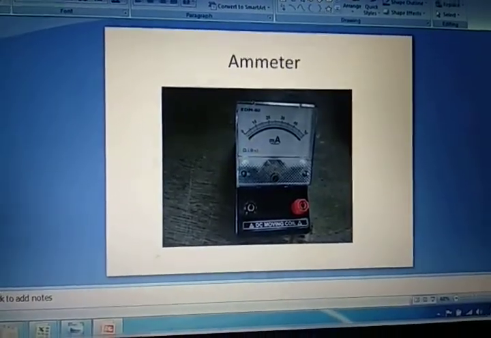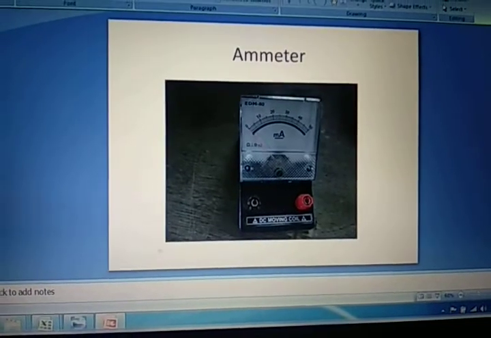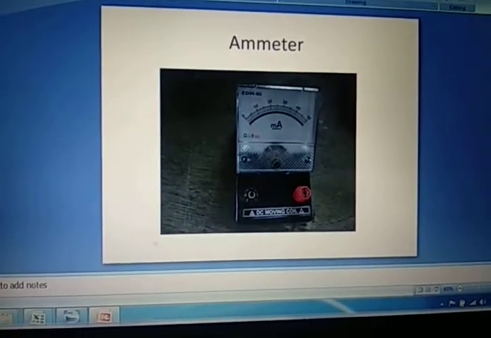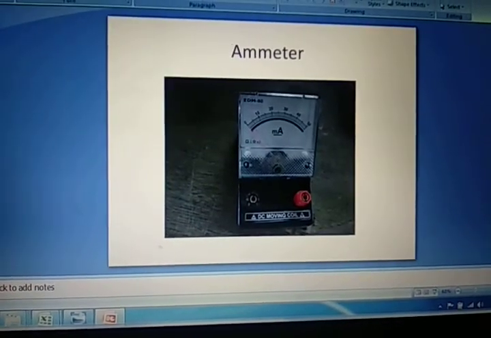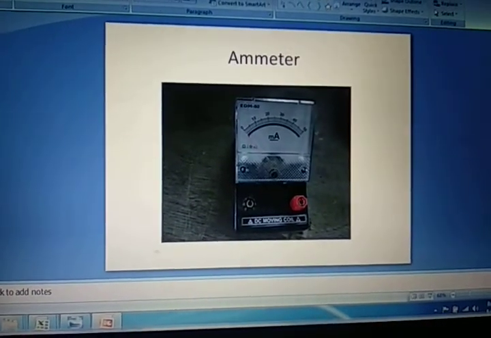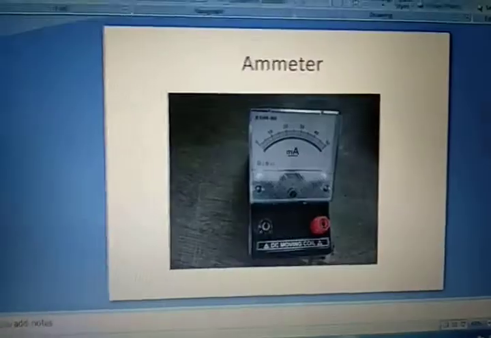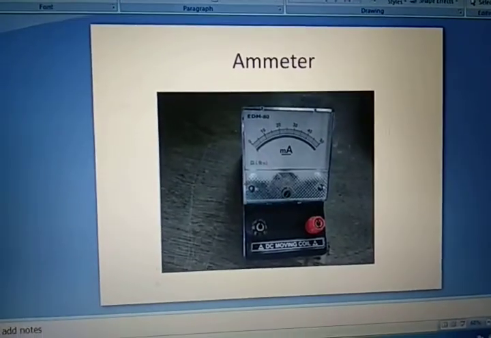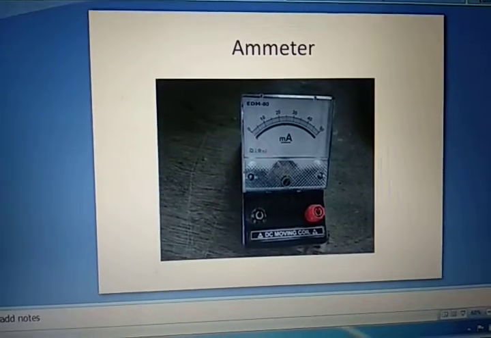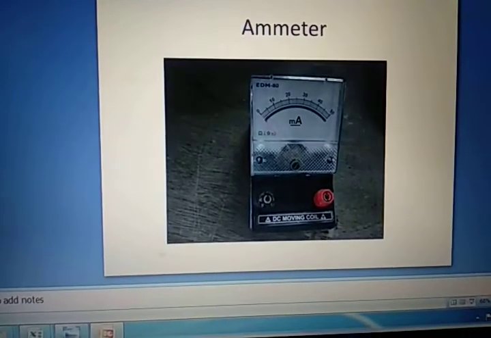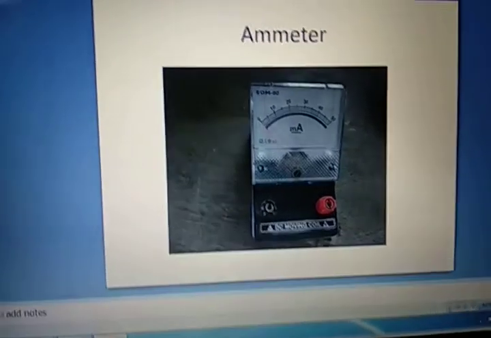Some are used for measuring only ampere values, ampere being the unit of current, and some are for measuring milliamperes, that means a small value of current. In this video I am showing an ammeter which has a milliampere rating, so it will measure a small amount of current.